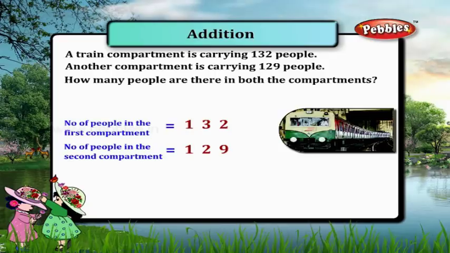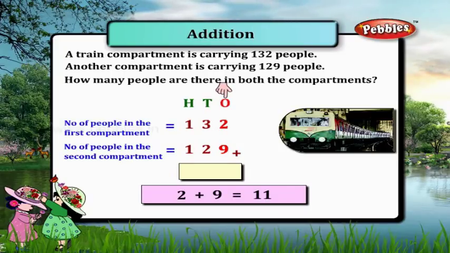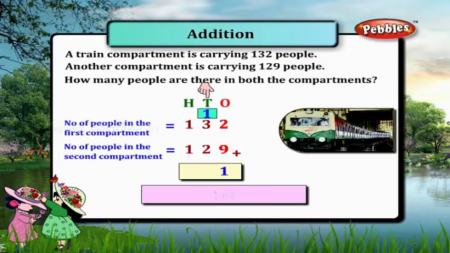129. By adding the ones 2 and 9, we get 11. Write 1 in the ones column and carry over 1 to the tens column. Now add the tens. 1 plus 3 plus 2 is equal to 6.